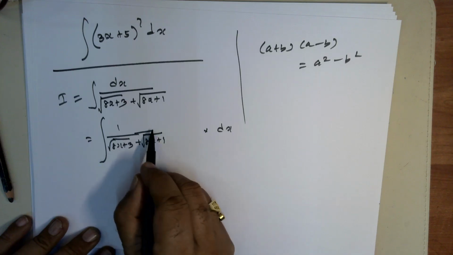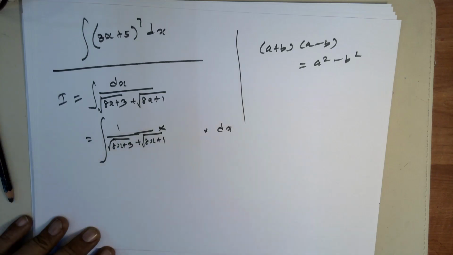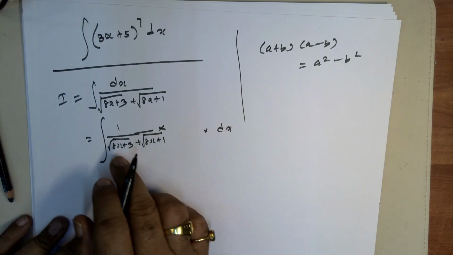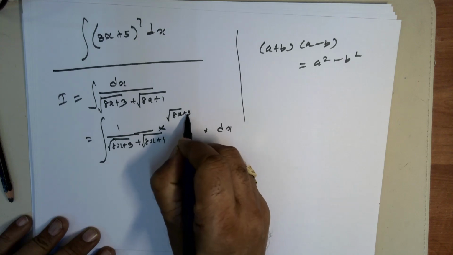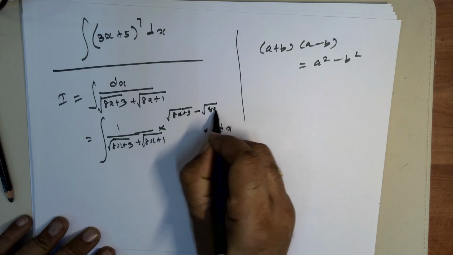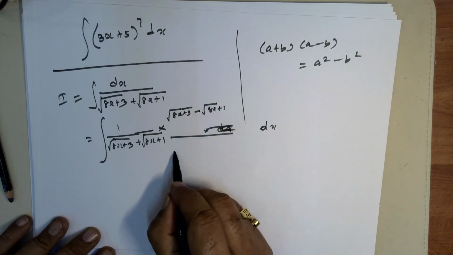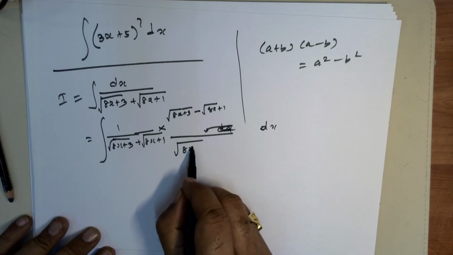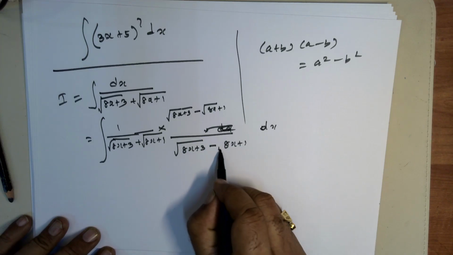Now you are supposed to multiply and divide by root of (8x plus 3) minus root of (8x plus 1), divided by the same, whole squared.